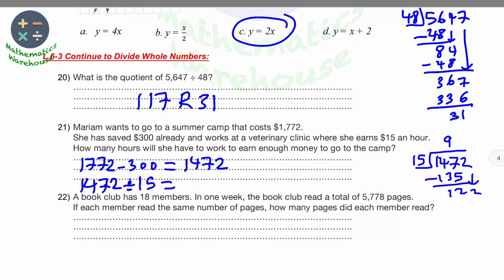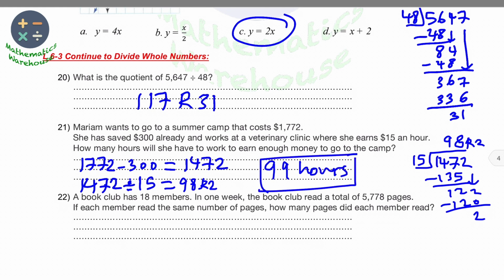Now 122 divided by 15 equals 8. 8 times 15 equals 120. So the remainder is 2. So it's 98, remainder 2. So we can say she has to work 99 hours to save the rest of the money.